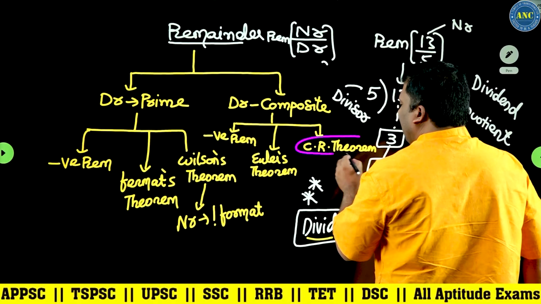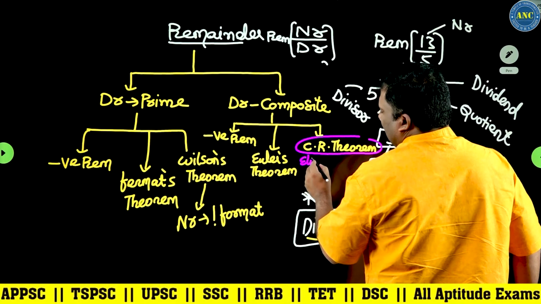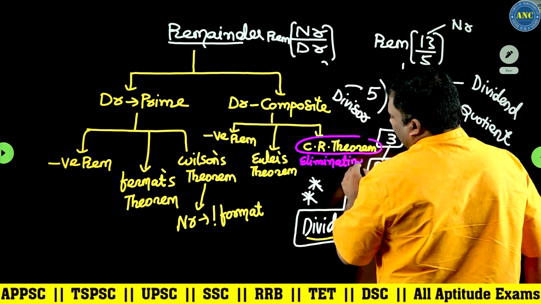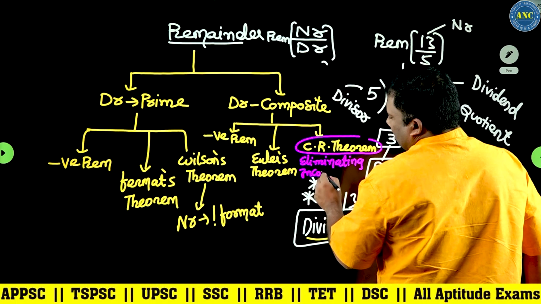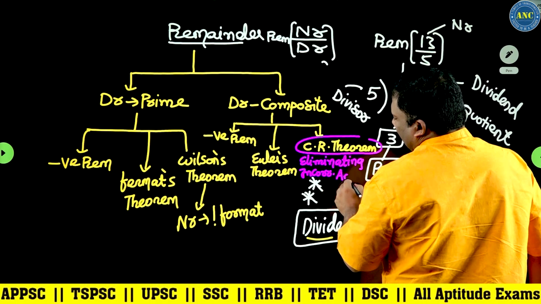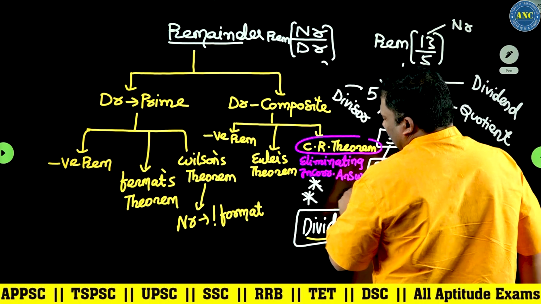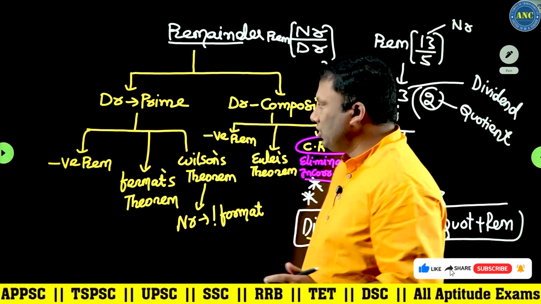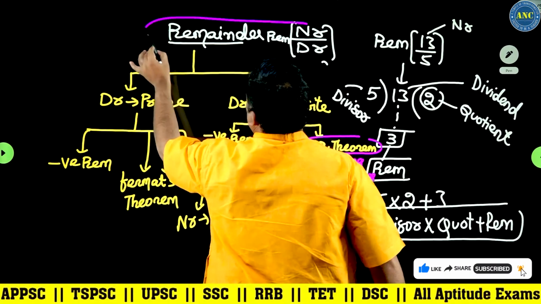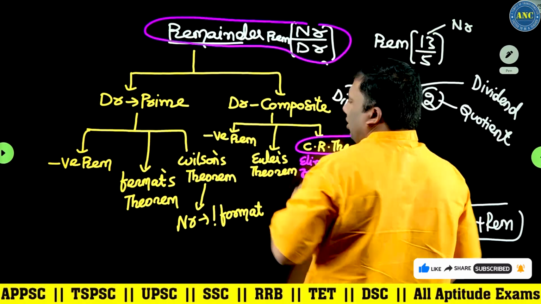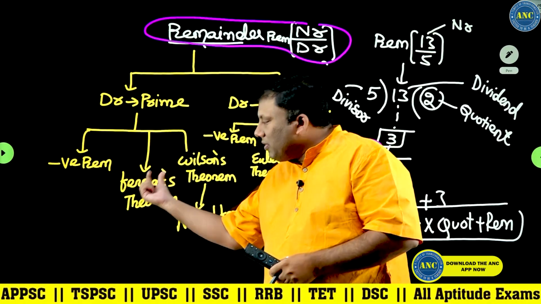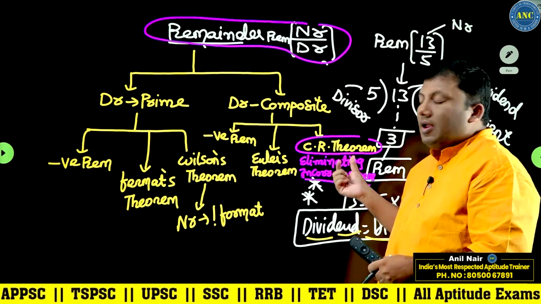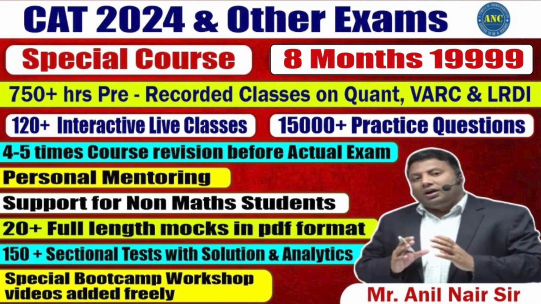This Chinese remainder theorem will help us in eliminating incorrect answers. All problems related to remainders can be solved using this table. We will see when this method is effective, and when we should use the Chinese remainder theorem.